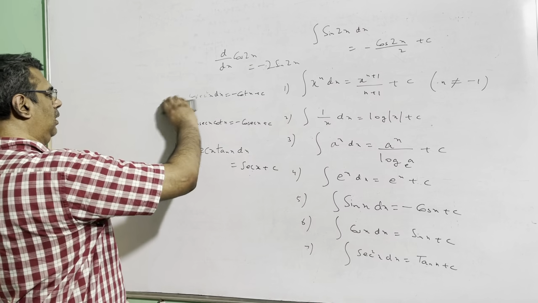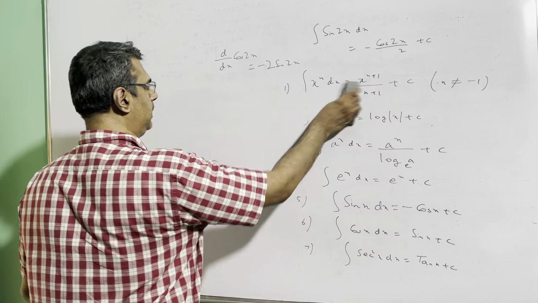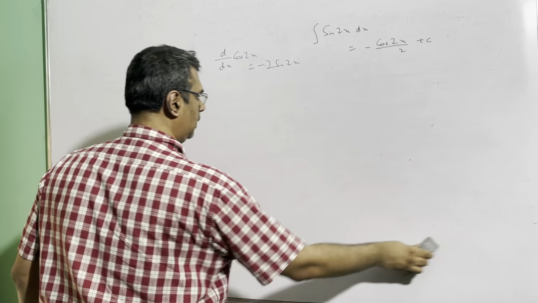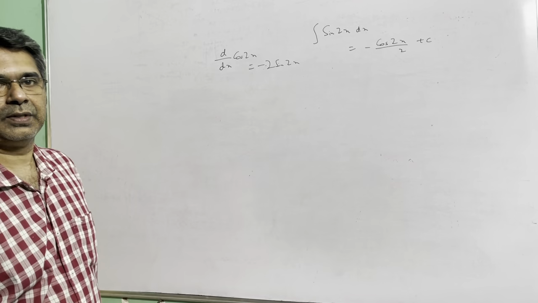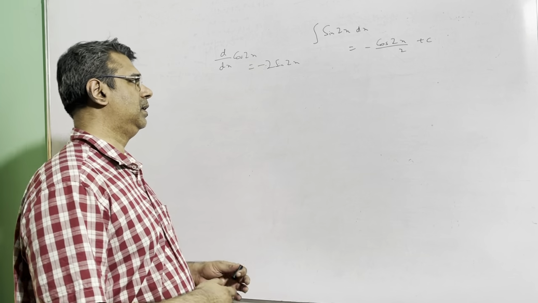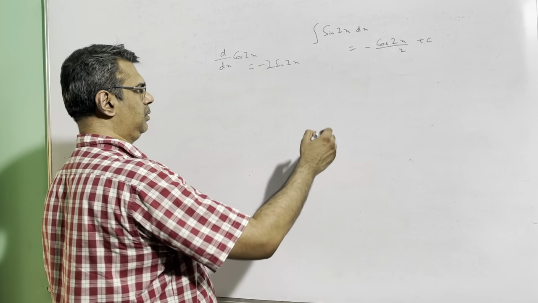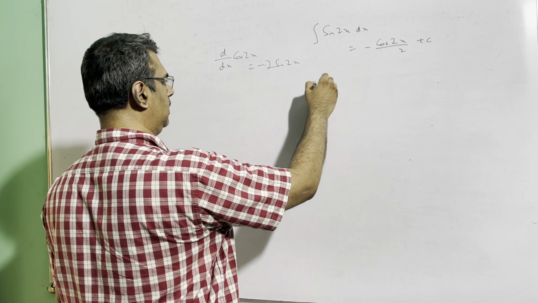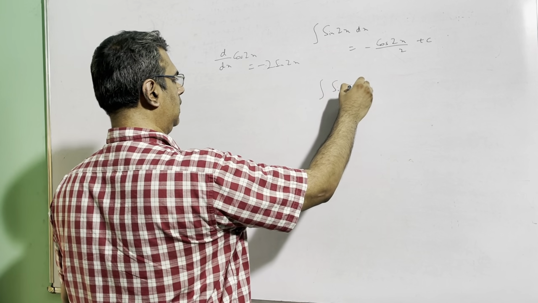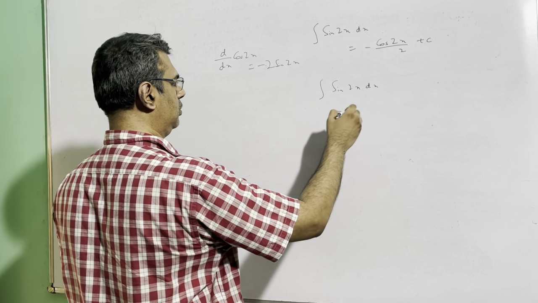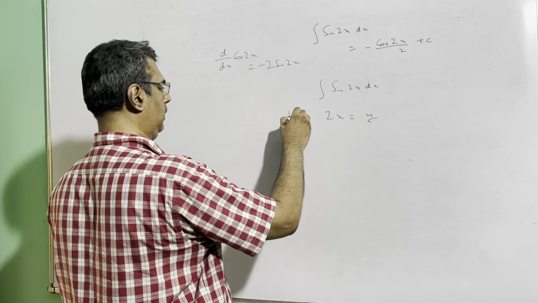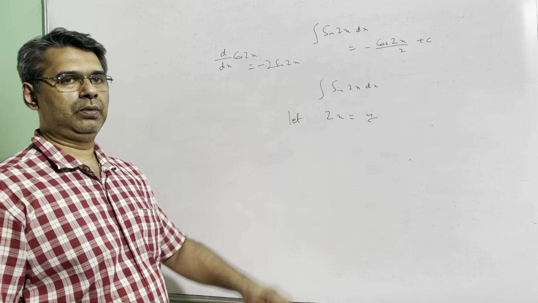Okay, now after these basic formulas, let's formally start discussing method of substitution. Now the thing is that this particular sum, integration of sine 2x, suppose I make a substitution, let 2x equal to y.